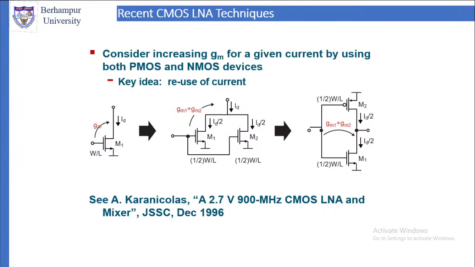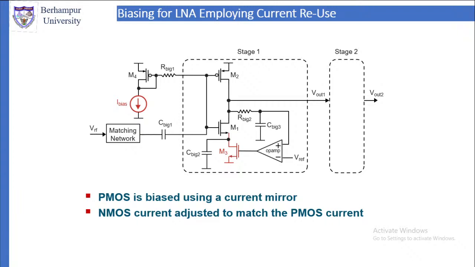Have a look at this paper. That gives you an example. Similarly, biasing also you can see here the same thing. PMOS is biased using a current mirror. You can see here the lower part is the current mirror part. So PMOS is biased using a current mirror, and NMOS current is adjusted to match the PMOS current.